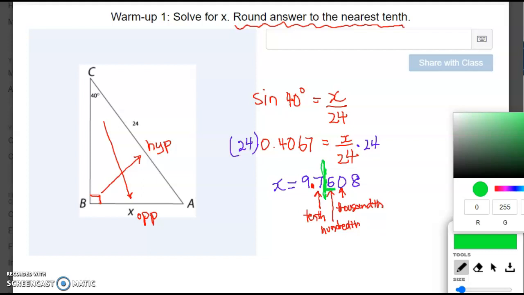If the next digit is 5 or greater, then you need to change the previous number, 7, up. Now because 6 is greater than 5, we need to change this up, and so this becomes 9.8. X is equal to 9.8 to the nearest tenth decimal place.